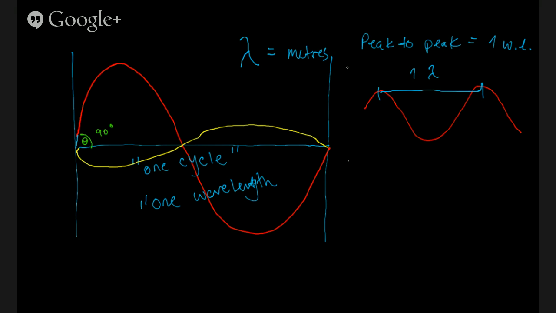And in free space, this is traveling at the speed of light, which is 300 million meters per second.